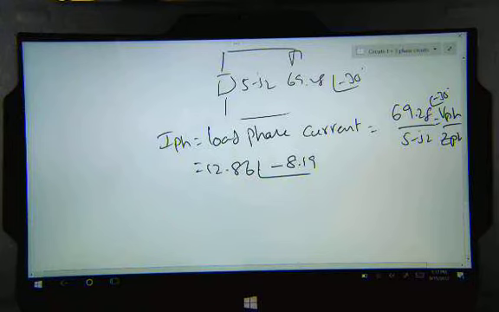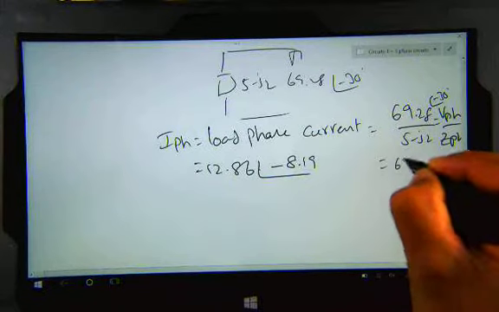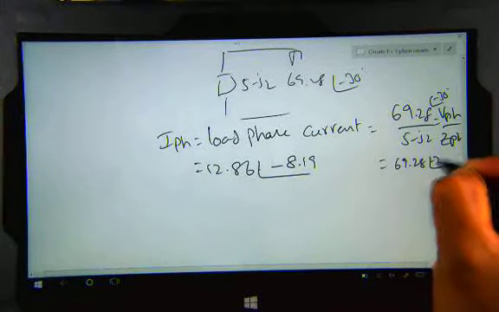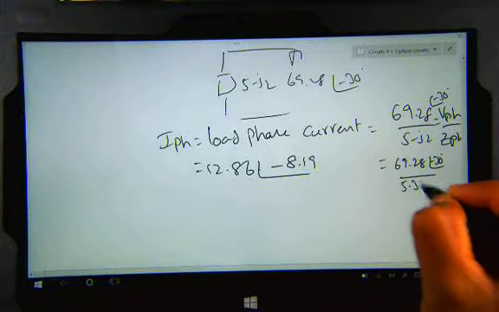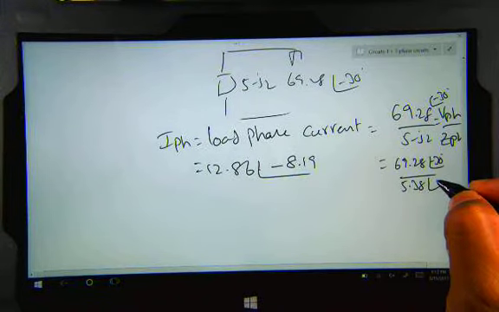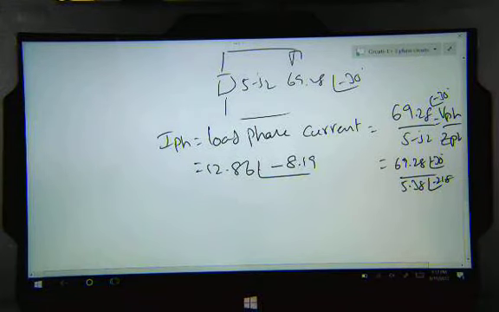That angle is 21.8. Basically this is 69.28 at an angle of minus 30 divided by 5.38, when I convert that rectangular format into polar format, at minus 21.8. That's how I end up with that angle. So that's the phase current.